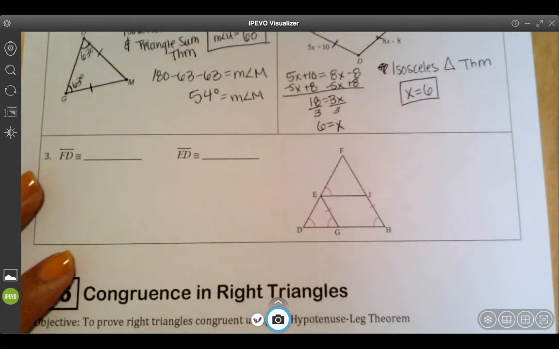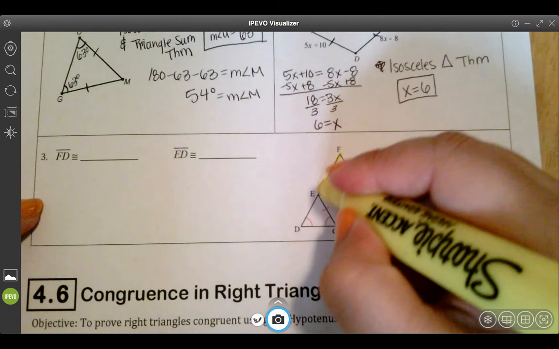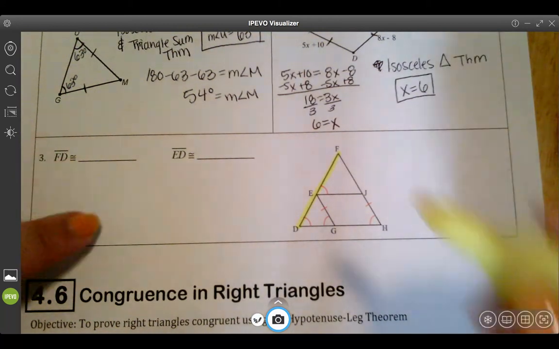Okay. Number 3, we have a lot of triangles going on, and so what I like to do is, again with the highlighters, I'm going to highlight segment FD. Segment FD, and I'm going to use a lighter color for this just because I know I'm going to need to highlight over part of this with another color. So I chose a lighter color.